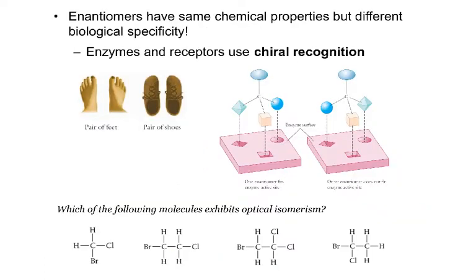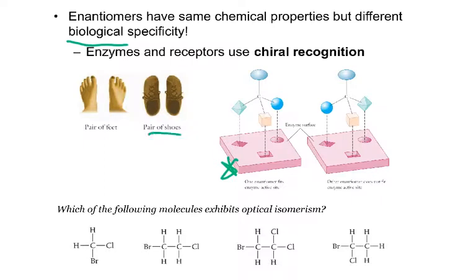So the importance of enantiomers is they're really not important in chemistry because enantiomers have the exact same chemical properties, but they have different biological properties. So in chemistry, enantiomers are kind of like identical twins for all intents and purposes. But when you enter a biological system with enzymes, enzymes are very specific to certain enantiomers.